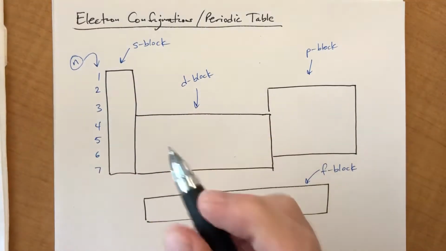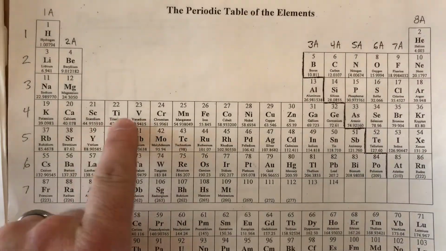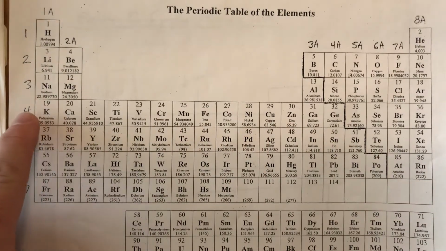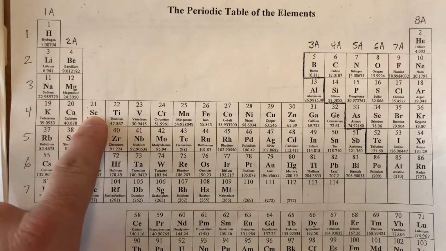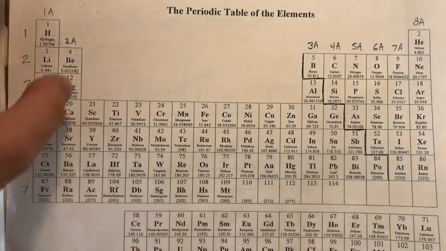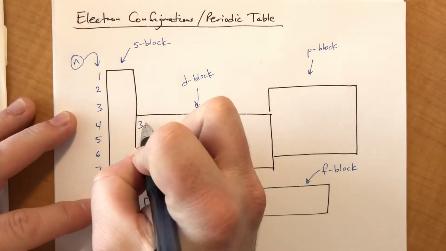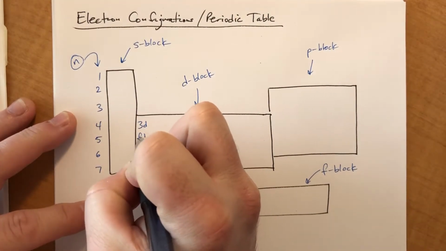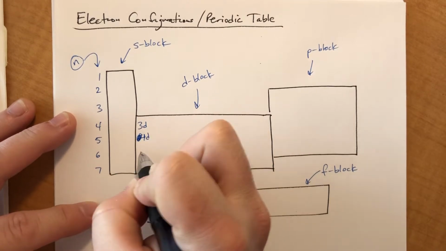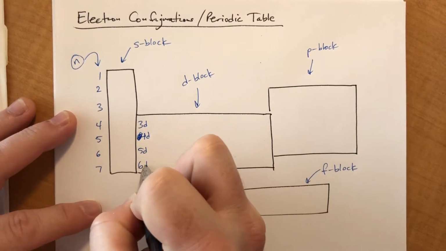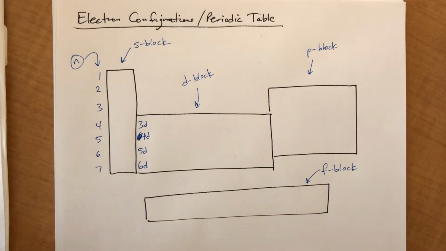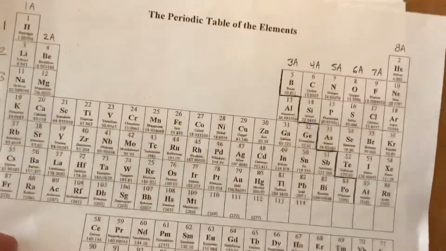So even though the D block starts in the 4th row, this is 4S, and then this would be 3D. The numbering is off by 1. So this is 3D, oops, 4D, 5D, and 6D.